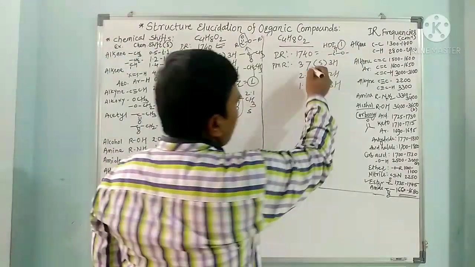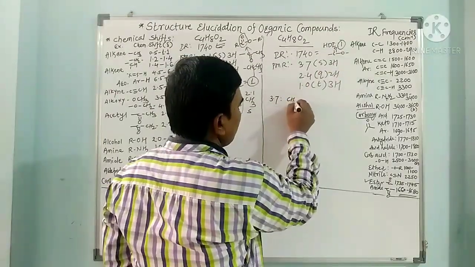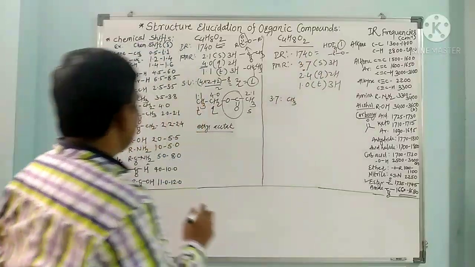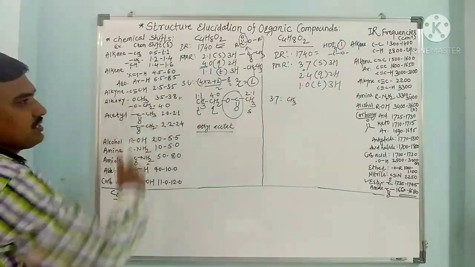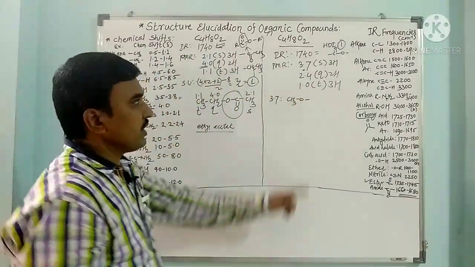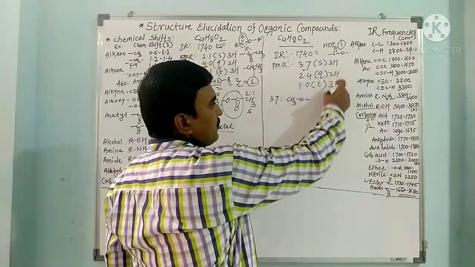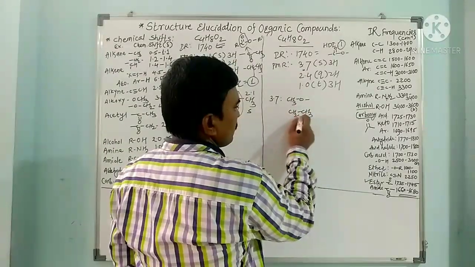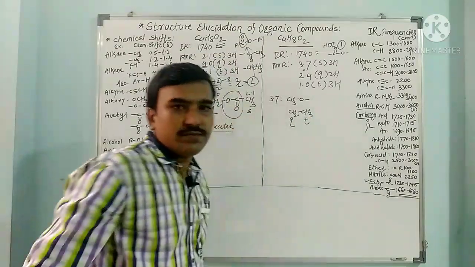So at 3.7, 3 hydrogens means methyl, giving a singlet, singlet means the OCH3 is there, so this one 3.7 methoxy, it must be methoxy. And this quartet and triplet, we have seen whenever 2 hydrogens and 3 hydrogens give quartet and triplet it indicates CH2 CH3, so this gives a quartet, 3 plus 1, 4, and this gives 2 plus 1, a triplet.